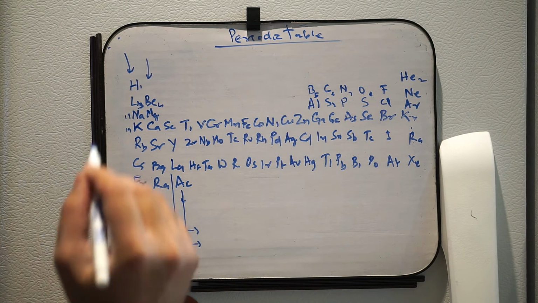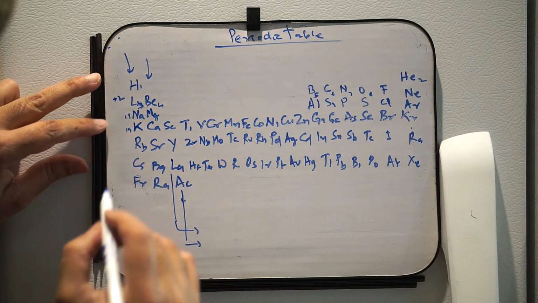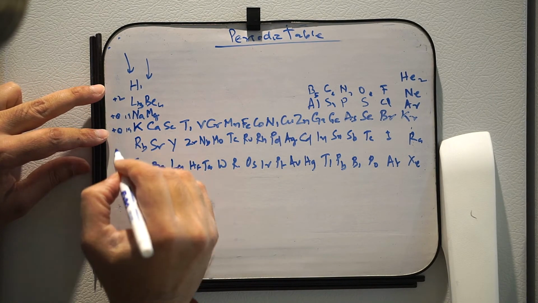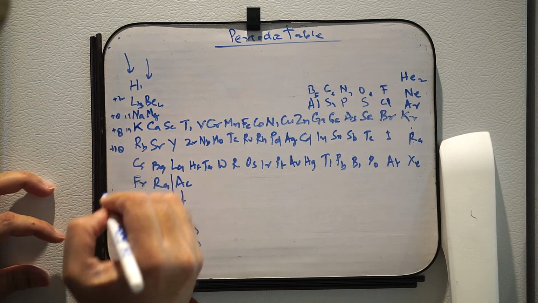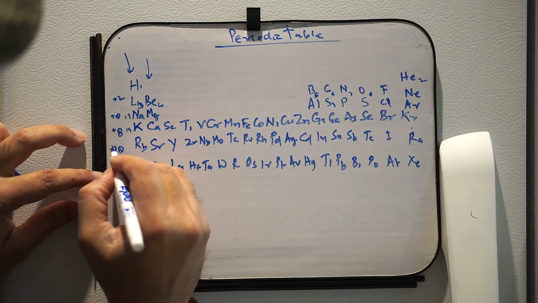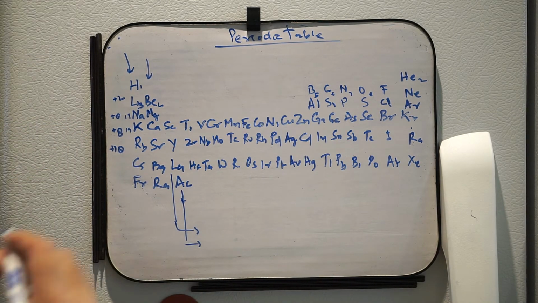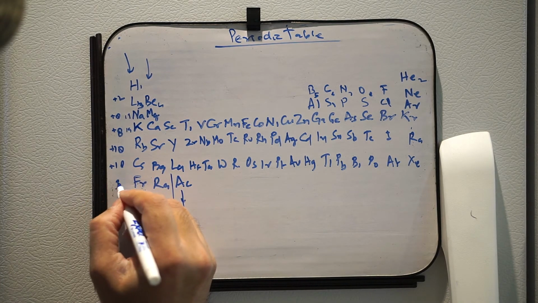Now, you'll see that this has a difference of 8 plus 8 plus 8. I bet you the difference for this one will be 18. And it's going to be 32.